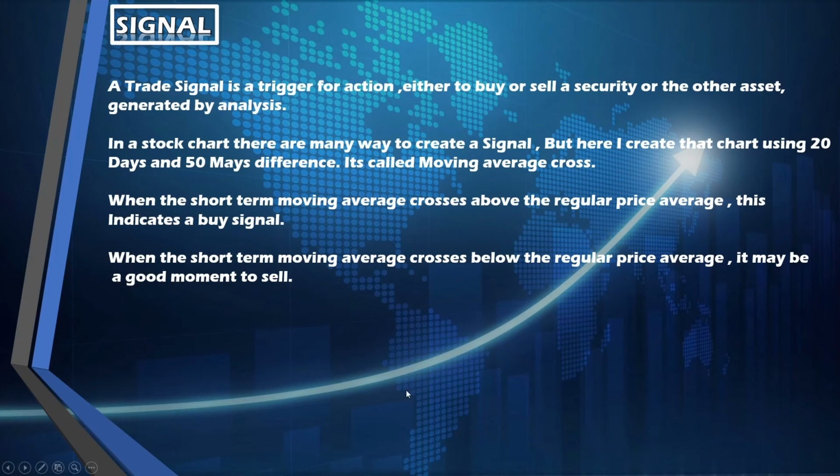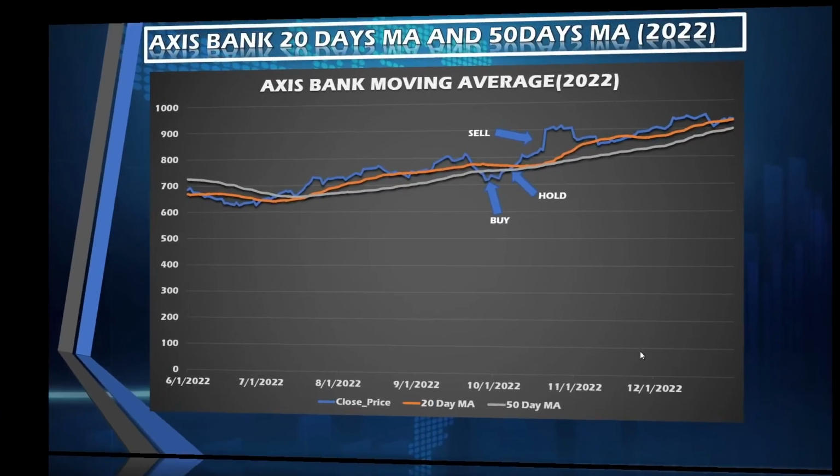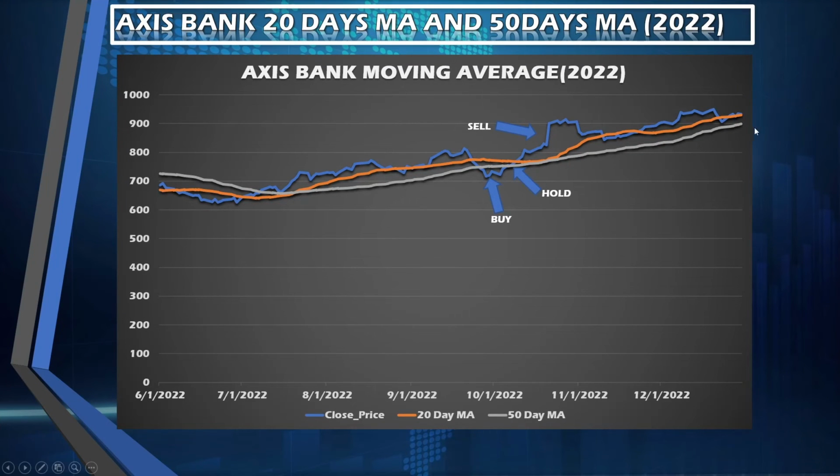By using those views in SQL, I created a chart of the Axis Bank moving average in 2022, where you can see that the orange line indicates the 20 days moving average, the gray line indicates the 50 days moving average, and the blue line is the close price of Axis Bank. So when the moving average crosses below the regular price average, it's maybe a good moment to buy.